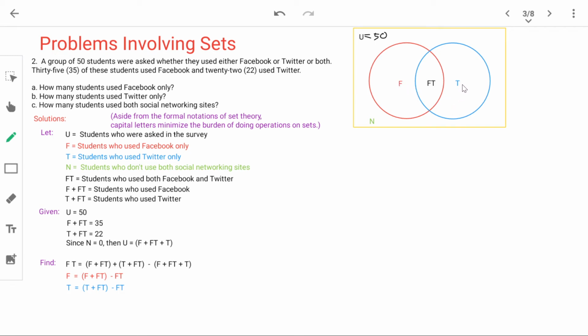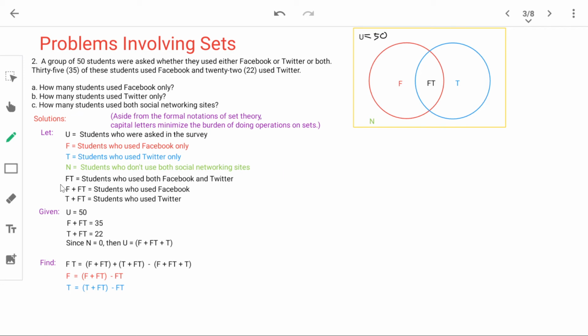And the last one, this T represents question B. How many students use Twitter only? First, we're going to find the FT, because this is much easier to find than the F and T. Meaning we're going to solve question letter C first.